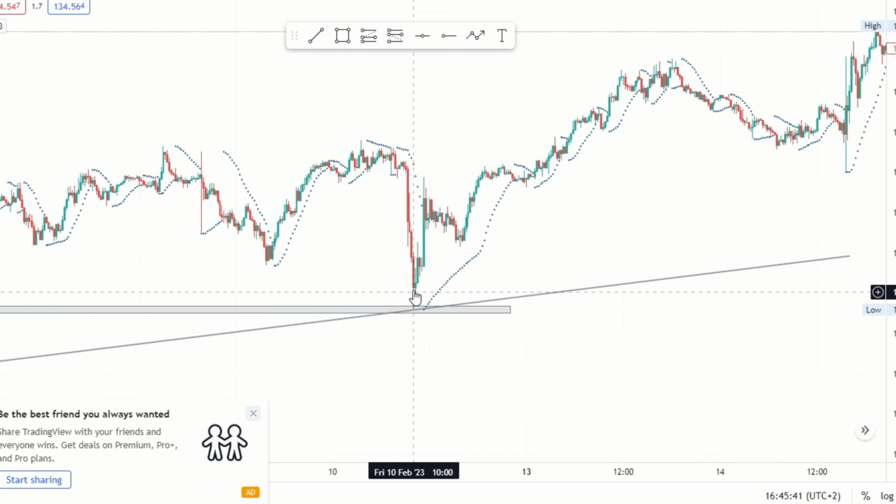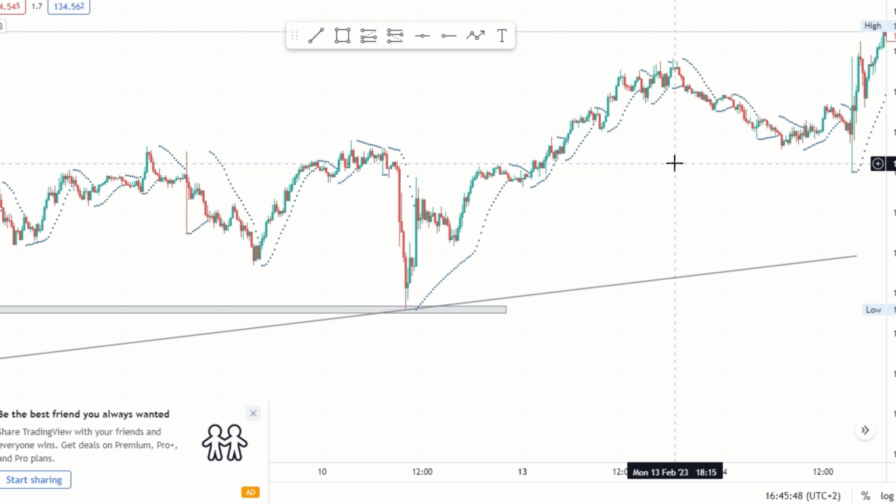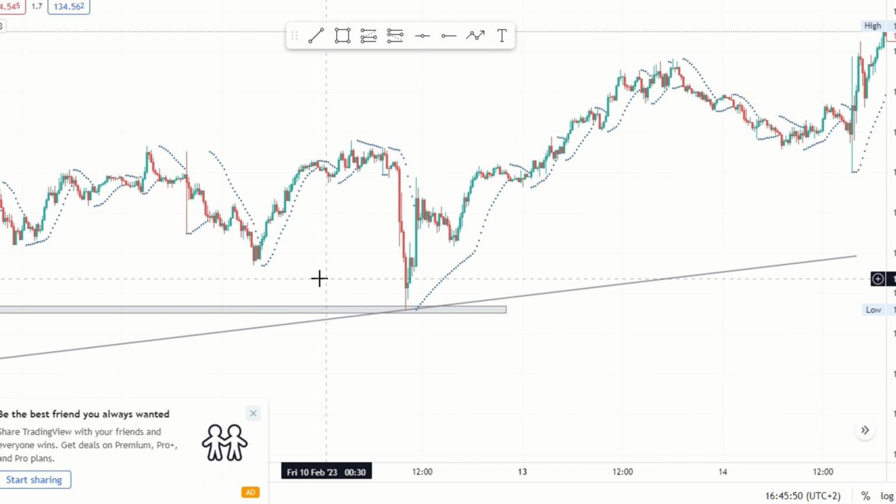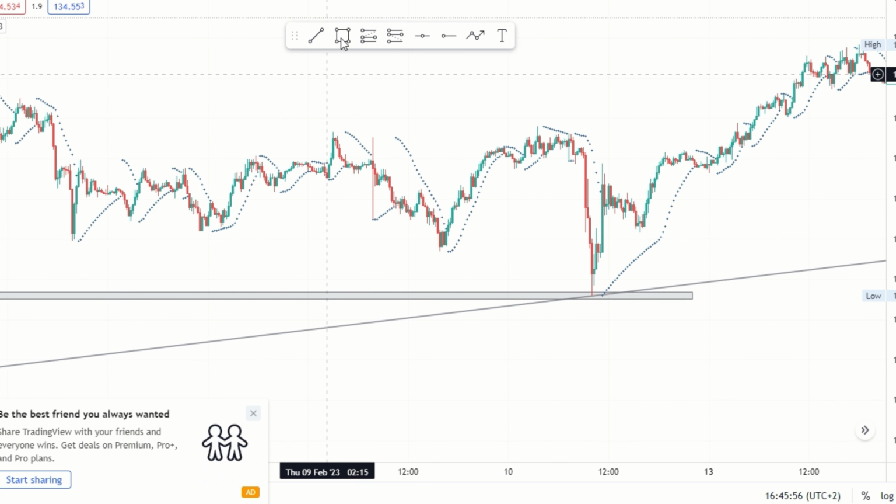But then I wouldn't have entered here, because normally what I look for is an engulfing. So what is an engulfing? I'm just trying to see an example of an engulfing. Okay, so this would be an engulfing, right? These two candlesticks here.